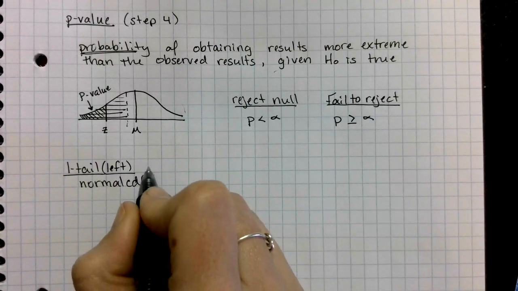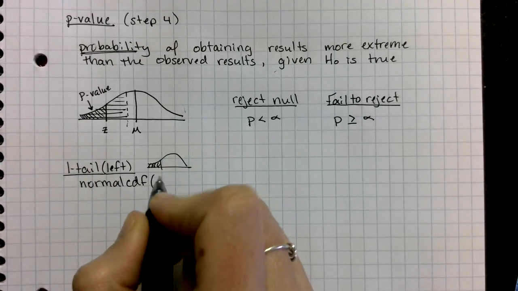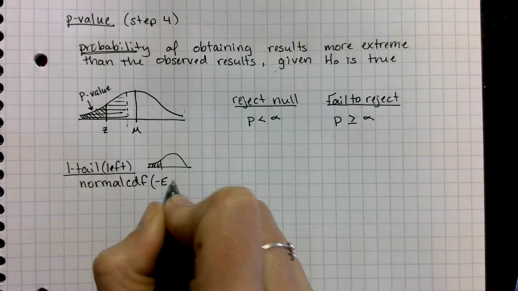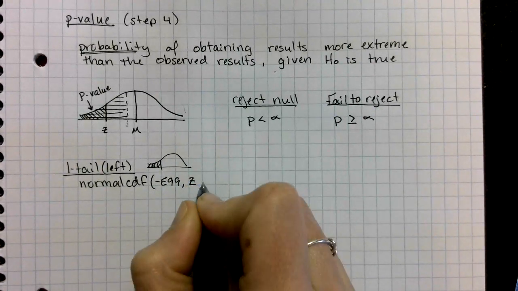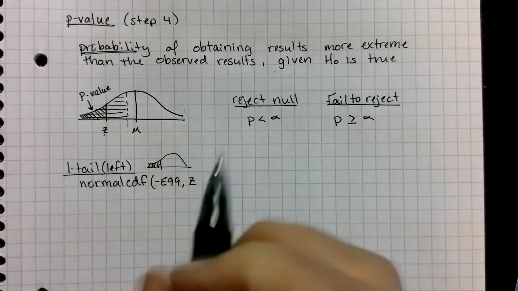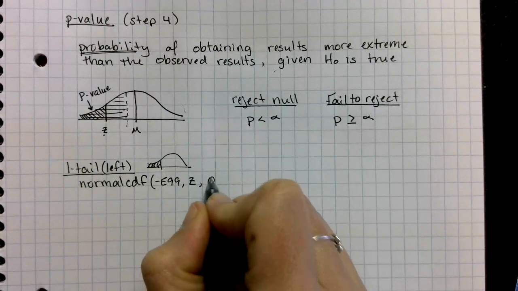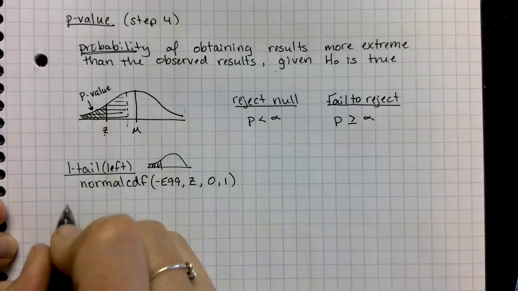So if it is a left tail, you have to go from negative E99 up to your test statistic, because we're basing this off of our observed results, how far we are away from the mean. And then we're basing it on a normal distribution, so 0 and 1.